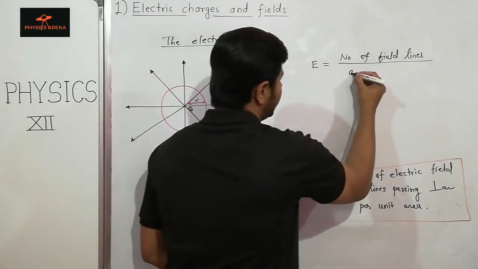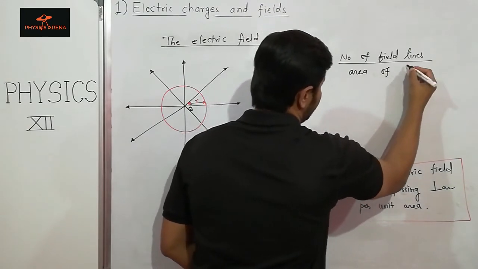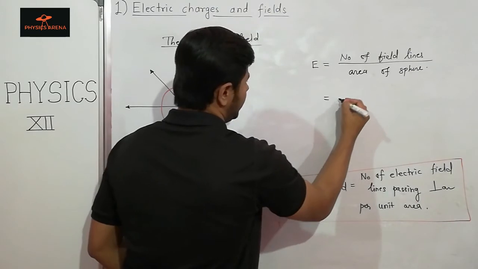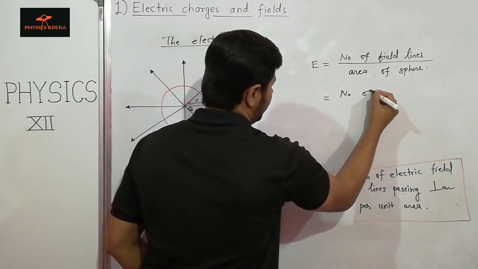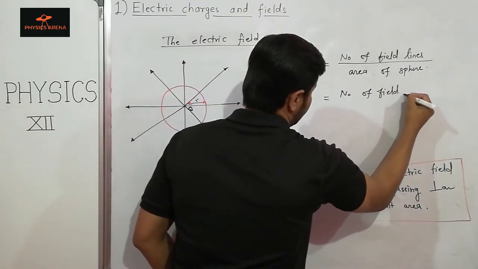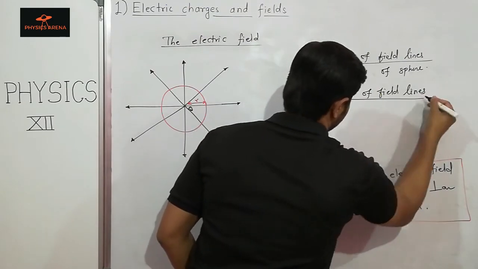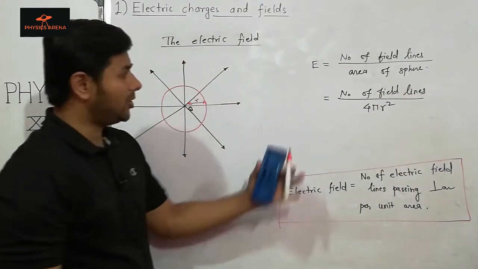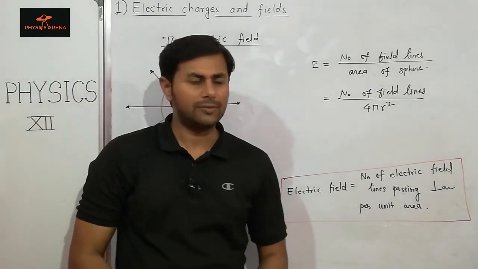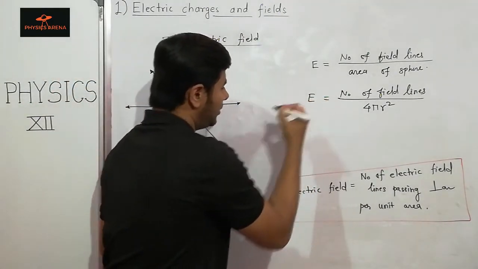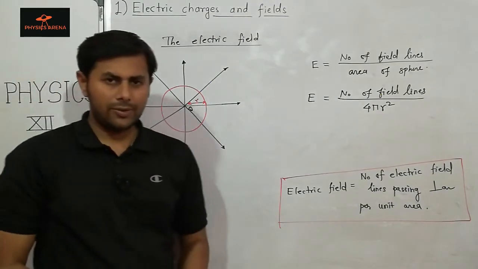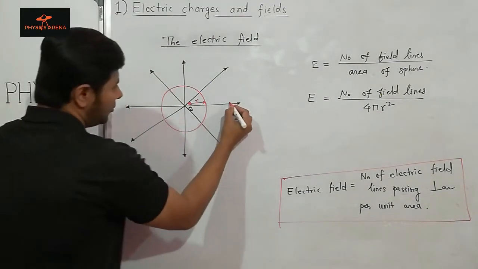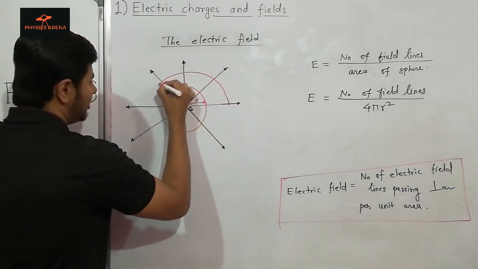So divided by, I can say, area of a sphere. So it is number of field lines divided by 4 pi r square, because area of a sphere is 4 pi r square. So this is for electric field. Now let's draw another sphere at distance 2r away from the charge.